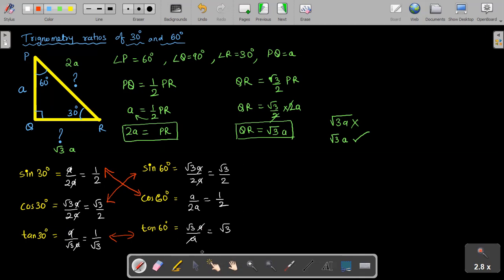In this way also you can remember the values. Sin 30, cos 60 value is same. Which value? Half. Sin 60 and cos 30 both are same. The value is root 3 by 2. Tan 30, tan 60, the values are not same, but tan 30 is 1 by root 3. Tan 60 is just the opposite of that. It is root 3.